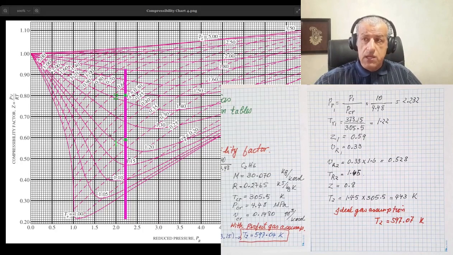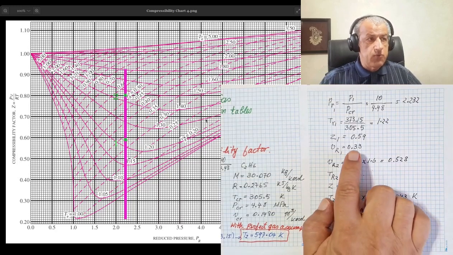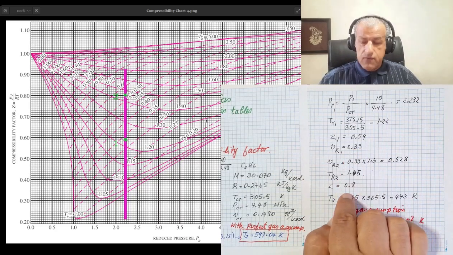but it's not strange, it's not surprising, since Z was initially 0.59, and finally it was 0.8.